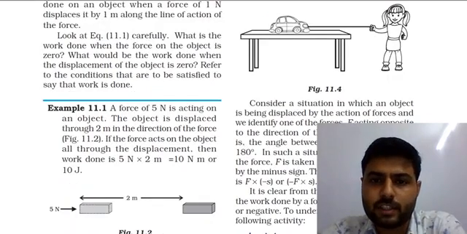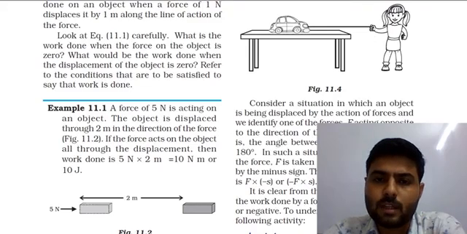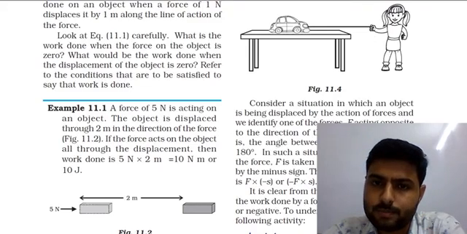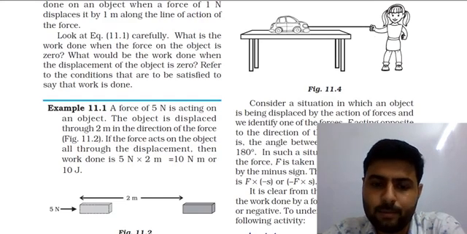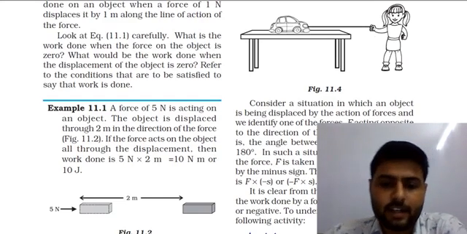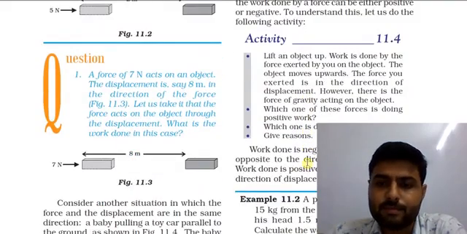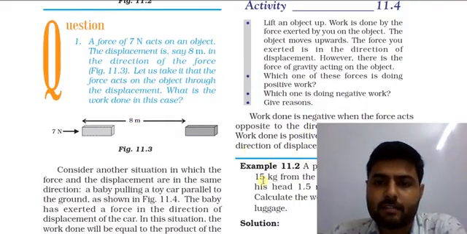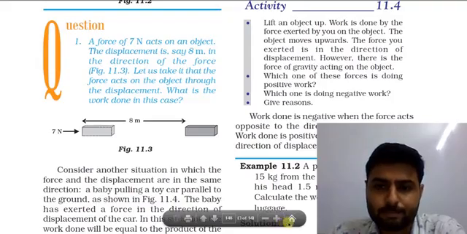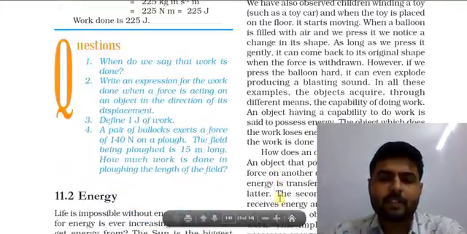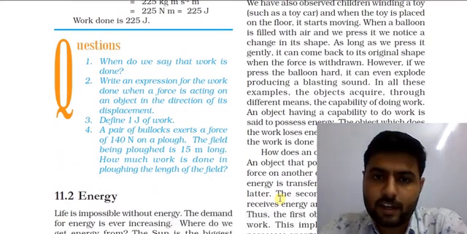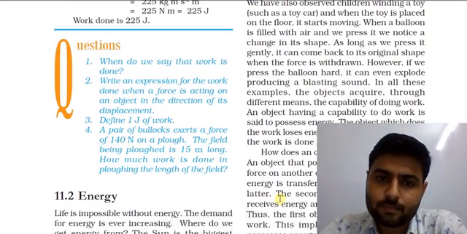So in this lecture, we have seen what is force, what is action of force, line of action of force, when work done will be positive, when work done will be negative. After that, we saw some activity. After that, we defined work done and its formula.